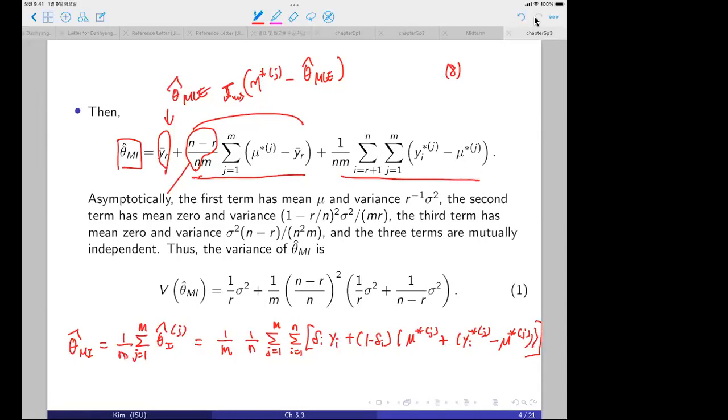Basically, this is the average of m imputed values.